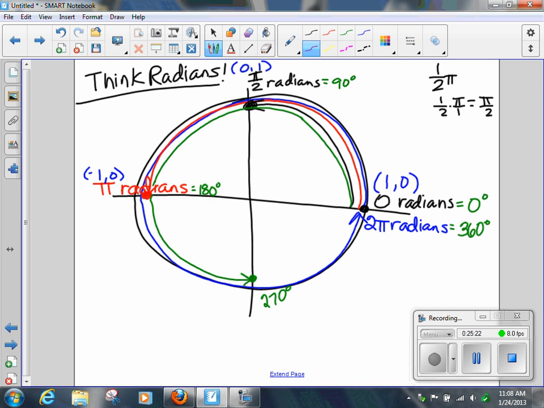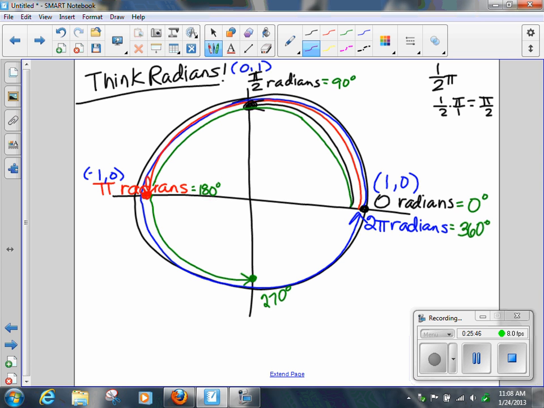Think, think, think. Fractions, fractions, hold that, don't say it. This is what I want you to think of. Here's 0. Here's 1/2 pi. Here's 2/2 pi, because 2/2 is just really what? 1. So what would this be? 3/2 pi.